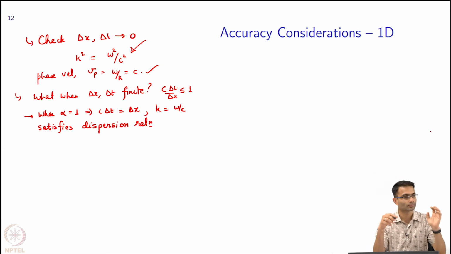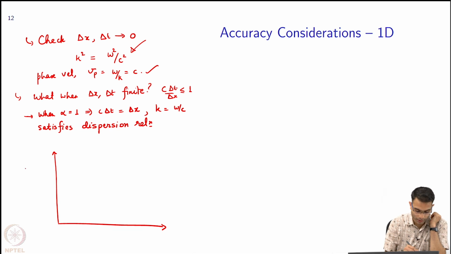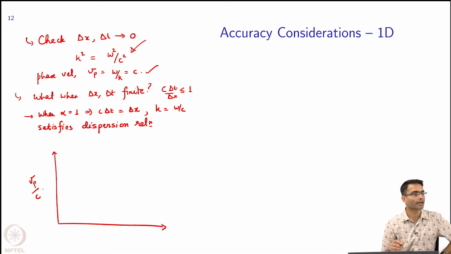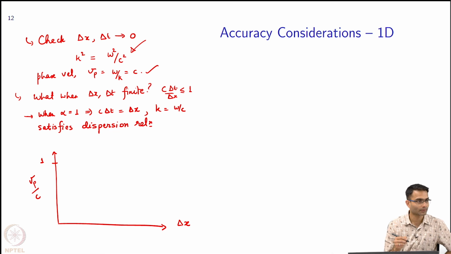So, if I plot something like this, what will I plot over here? Let me plot the ratio of the phase velocity to the speed of light, v phase by c. Ideally, we are simulating vacuum only, so ideally this ratio should be 1. Here I will plot delta x, normalized to the wavelength, because as the frequency changes, delta x will have to change.